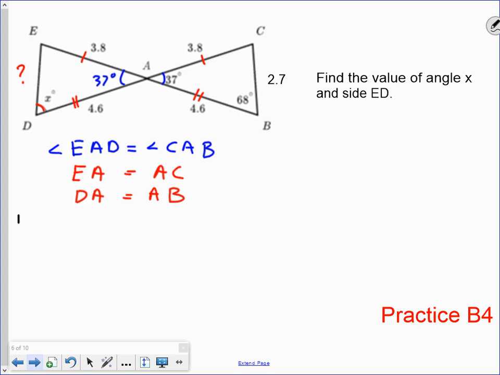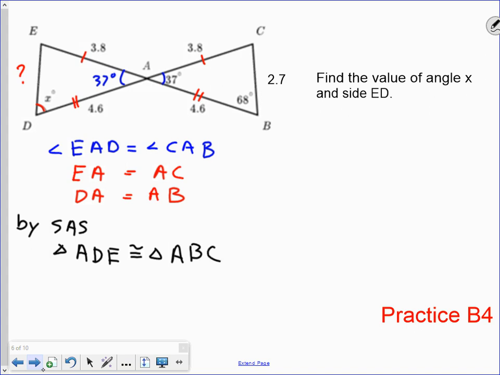So we can say that by side angle side, triangle ADE is congruent to triangle. Where did I go? I started with A, so I got to start with A there. I went to D, which means I have to go to B and then C over here.